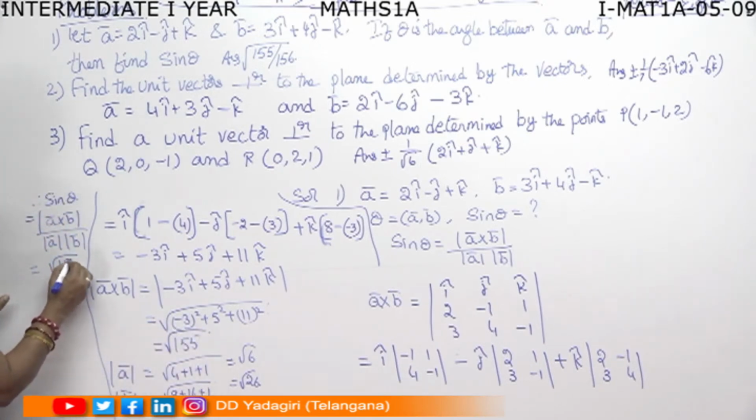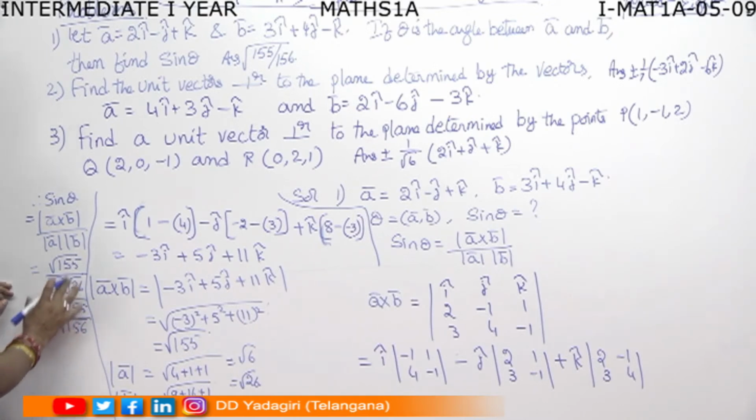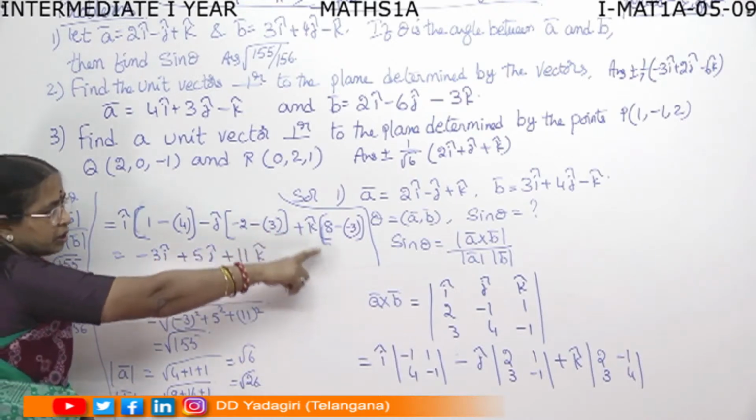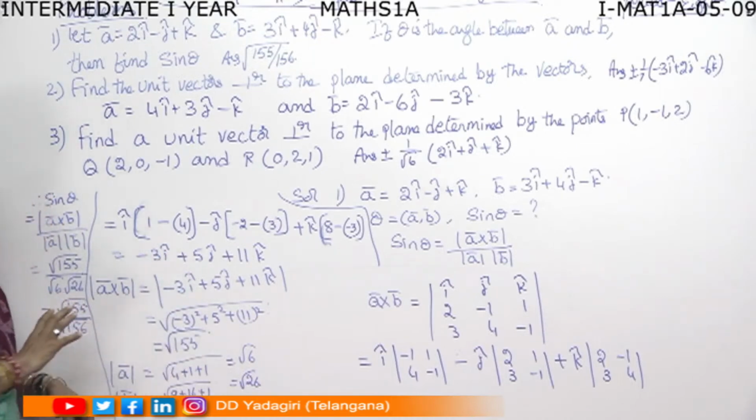So root 155 by root of 6 into root of 26. When you simplify it, root 155 by 6 into 26 is 156, root 156. So this is the answer. So you must find the sine theta value. Don't write the theta value. Sine theta value is this. So this is the procedure. Again, this is very important. So you understood the procedure now, to find A cross B, to find the determinant and all.